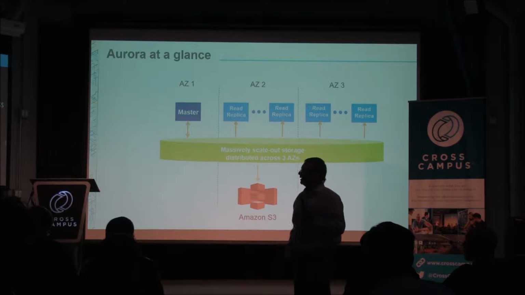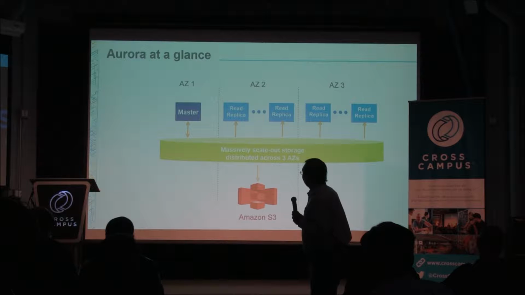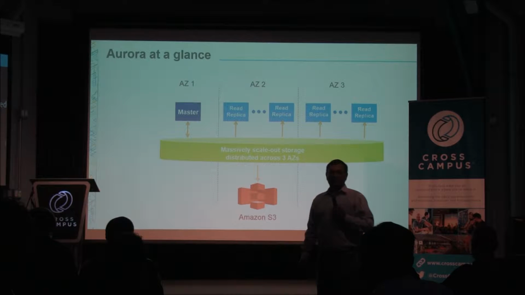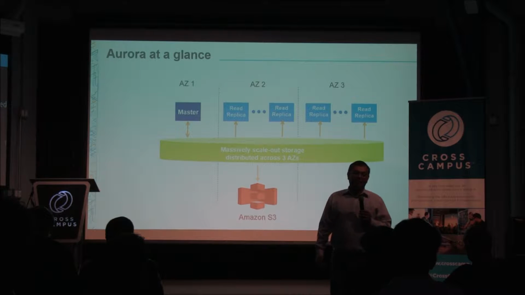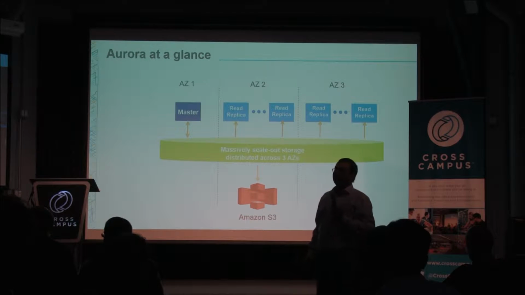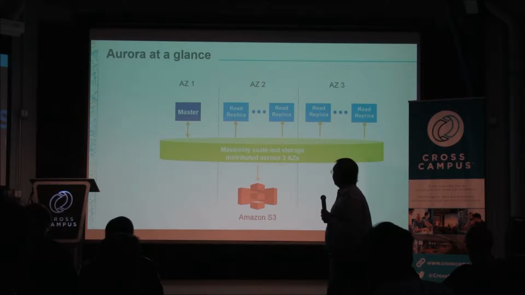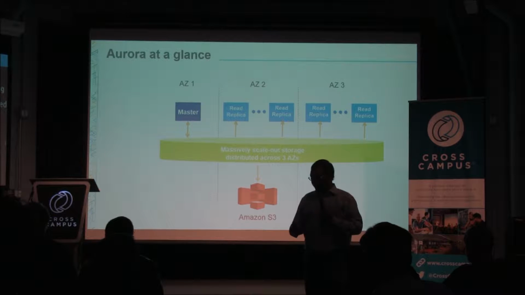That shared storage then fits into the head nodes that we call the Aurora engines. We have a master, which can do both read and write, and you can add up to 15 read replicas, which can do reads so that you can scale your read throughput. We back up into S3, and I'm going to get into some of the details, but at a high level, I wanted to show what Aurora looks like.